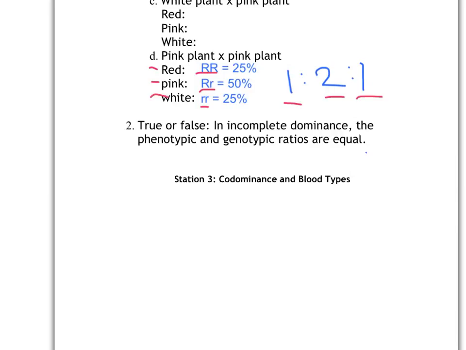So for incomplete dominance, it's true. The phenotypic and genotypic ratios are equal. They're all equal. And that's because the heterozygous, the big R, little r, actually has its own phenotype. It's pink. That's the only reason. In regular inheritance, that's not the case.